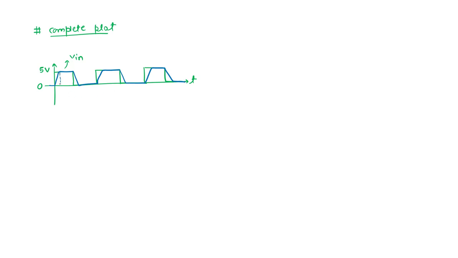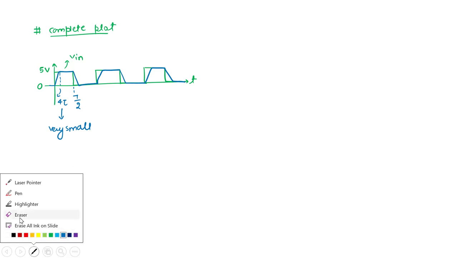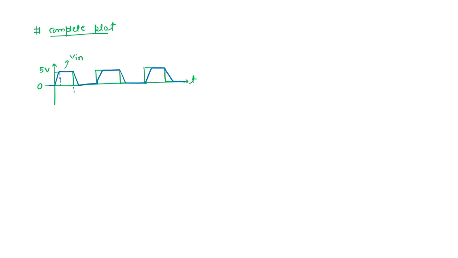This time, which I call the settling time, which is nothing but 4 tau or 5 tau, is much less than this T by 2. So actually it reaches 5 volt in a very short time. This is very small, but for visibility I have drawn it like that, so the charging and discharging can be seen. The same thing applies for the current. What is happening for the current, we have already seen. Something like this.